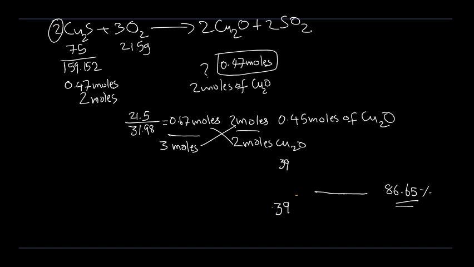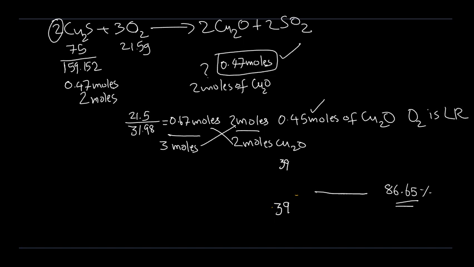So when you compare this one, that is from copper 1 sulfide, and compare the moles formed from oxygen, the number of moles of copper 1 oxide formed from oxygen is less than the number of moles of copper 1 oxide formed from copper 1 sulfide. So this oxygen is the limiting reagent.